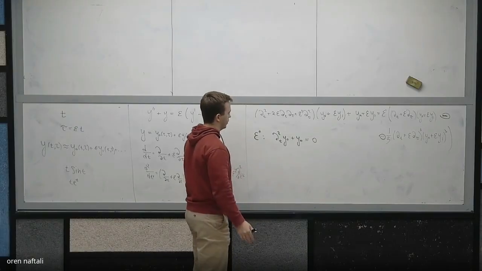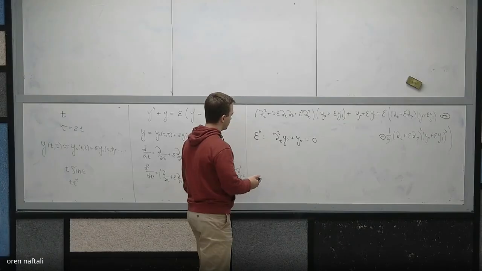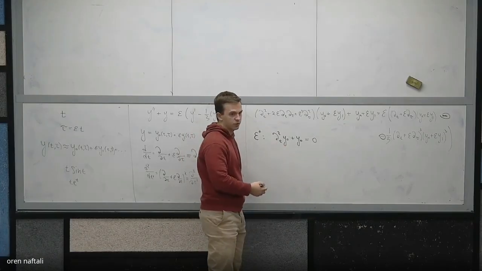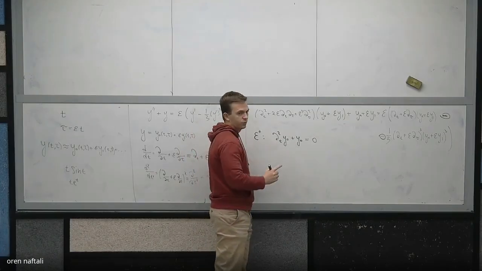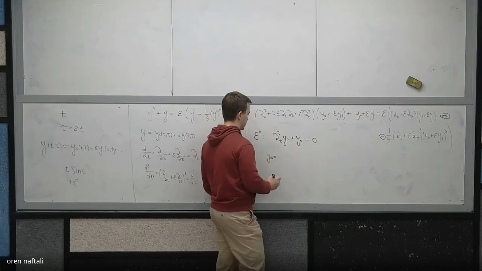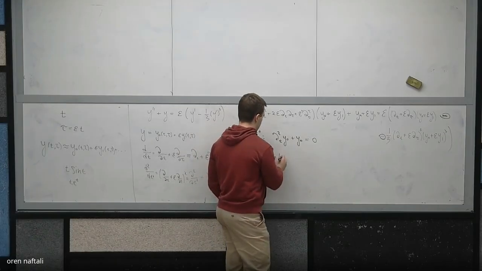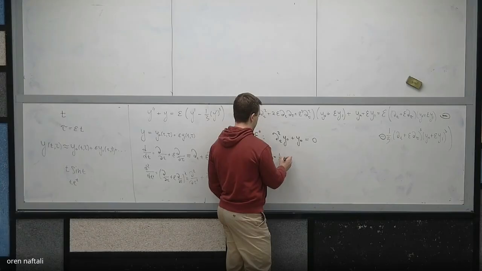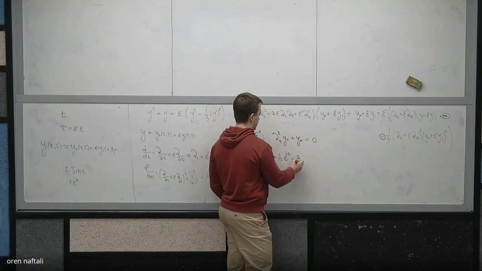And we know the solution is just the harmonic oscillator equation, right? For the frequency of 1, y naught is A times e to the power i t plus B e to the minus i t.